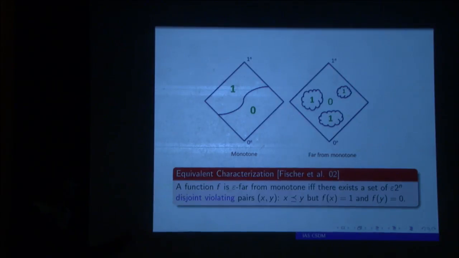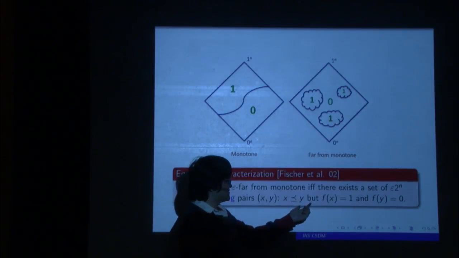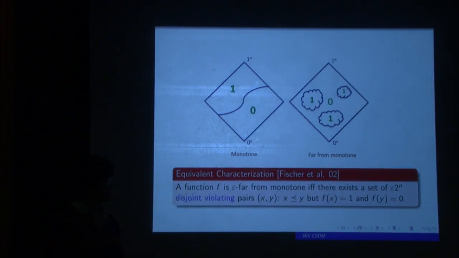But this characterization really helps. It says that a function is epsilon far from monotone if and only if there are epsilon 2 to the n many violating pairs. So what is a violating pair? You flip a few bits from 0 to 1 to get y from x, but somehow f(x) equals 1 and f(y) equals 0.